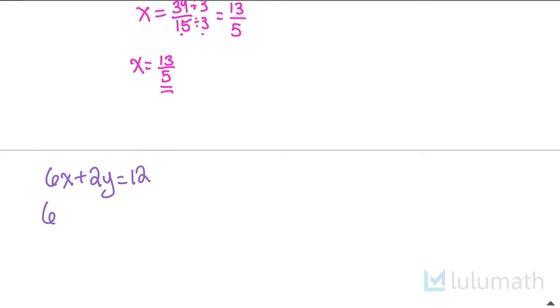So I'm going to say 6 times 13 over 5 plus 2y equals 12. Okay, so right here, this is 6 over 1. We have an invisible 1 right here. So I'm going to see, is there anything that will cancel out? We would cross cancel a numerator with a denominator.